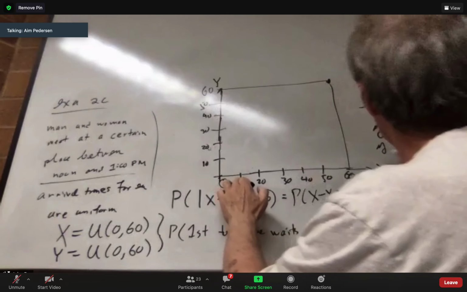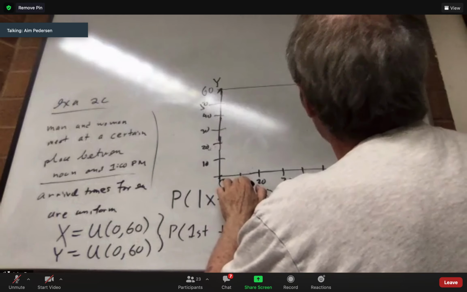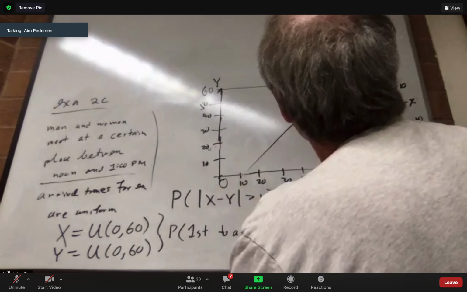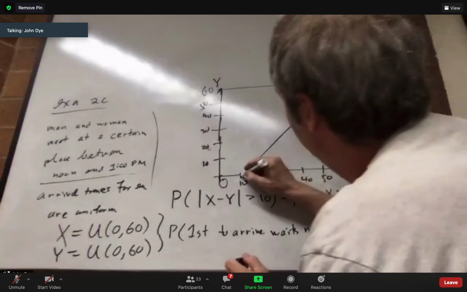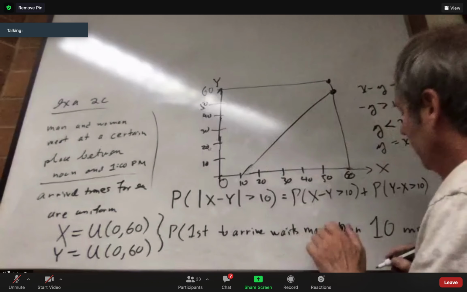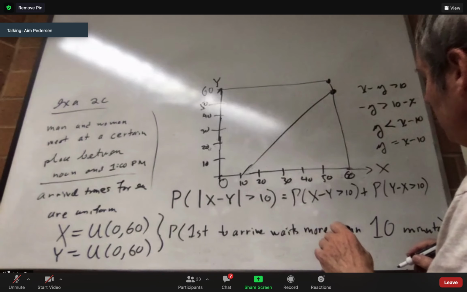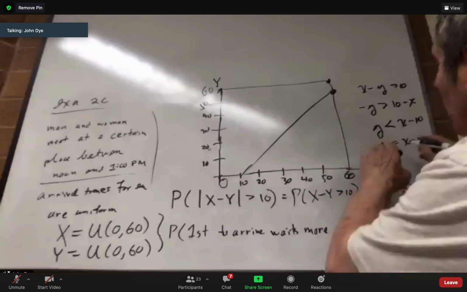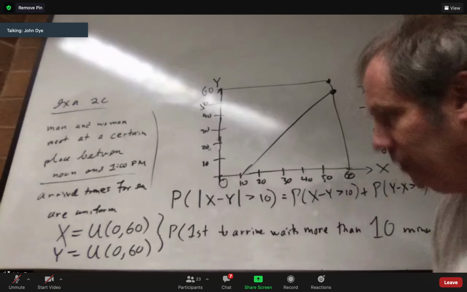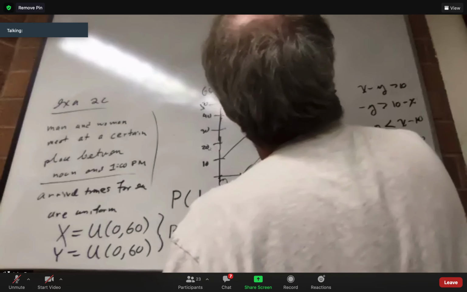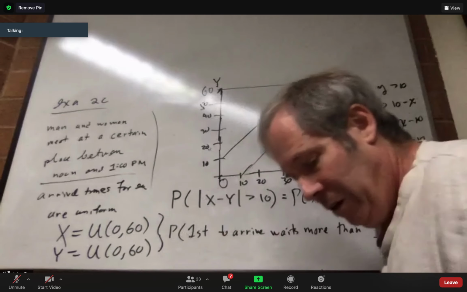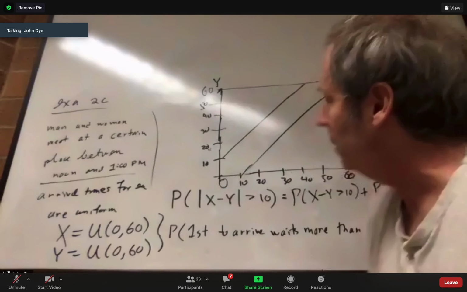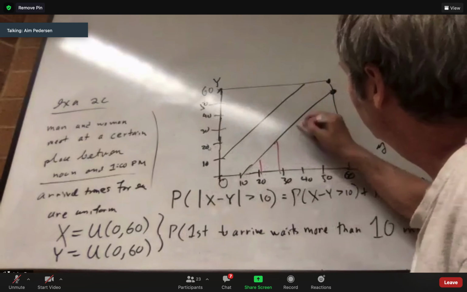Well, I went to the x-intercept, so 10, and then 50 on the other side. Very good. And that's supposed to be a straight line. We want the area that's below that, where y is less. There will be another region here, but we're just going to multiply by 2 in this case.